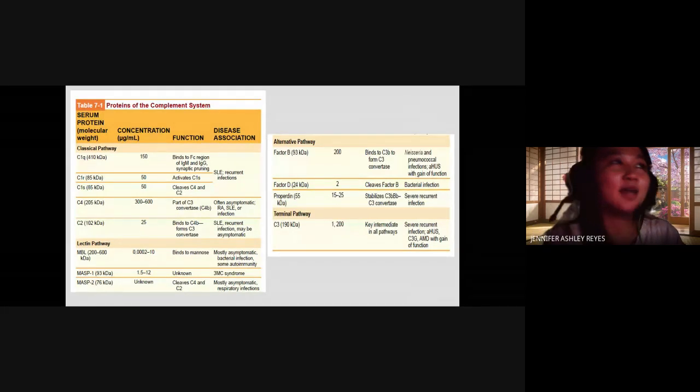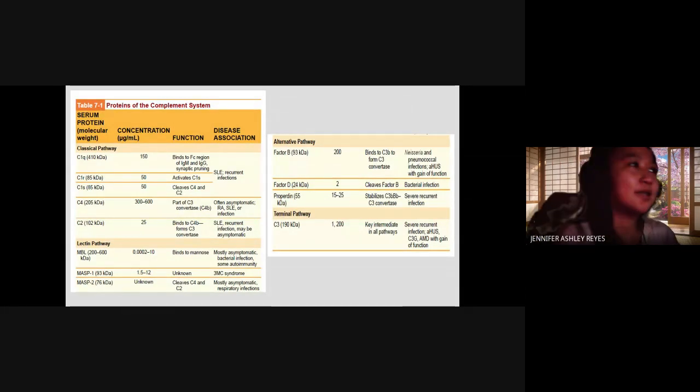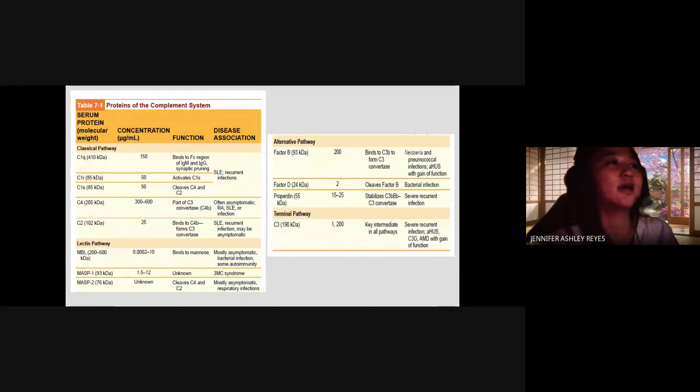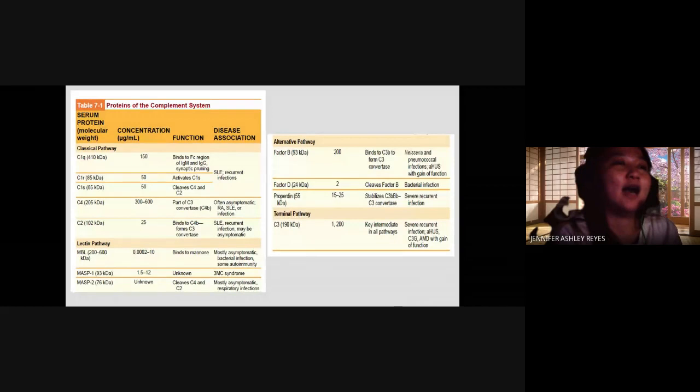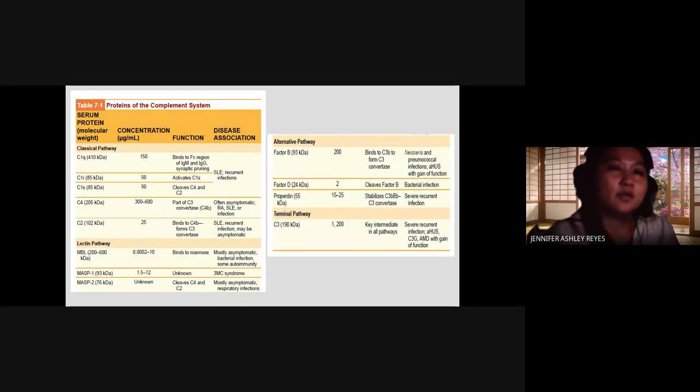Importante yan. Mga disease associations na associated with complement protein deficiencies. So, nakalagay dyan, ang wala lang dyan, yung 5, 6, 7, 8, 9. Ang usual na problem nila are Neisseria and pneumococcal infections. So, ano ibig sabihin nun? Neisseria and pneumococcal infections, yung mga encapsulated na mga organisms.